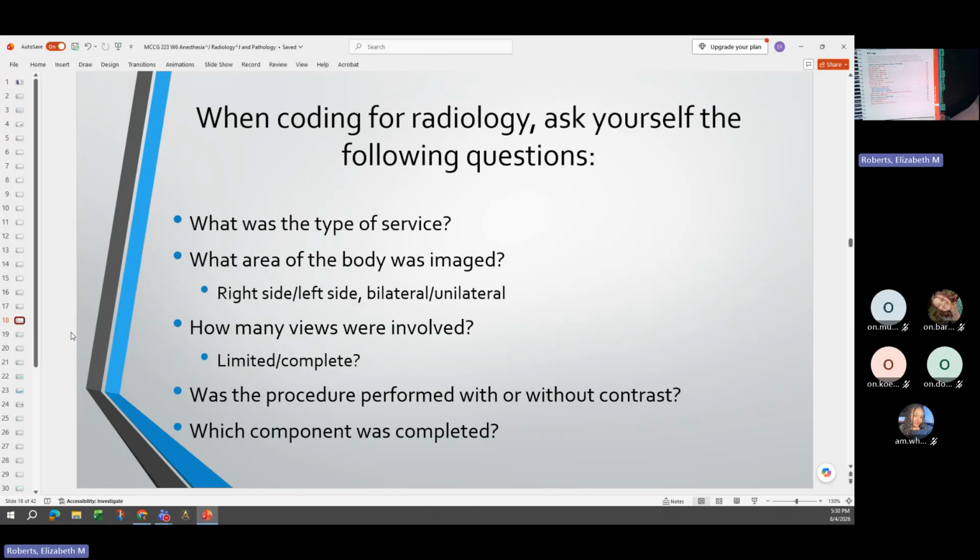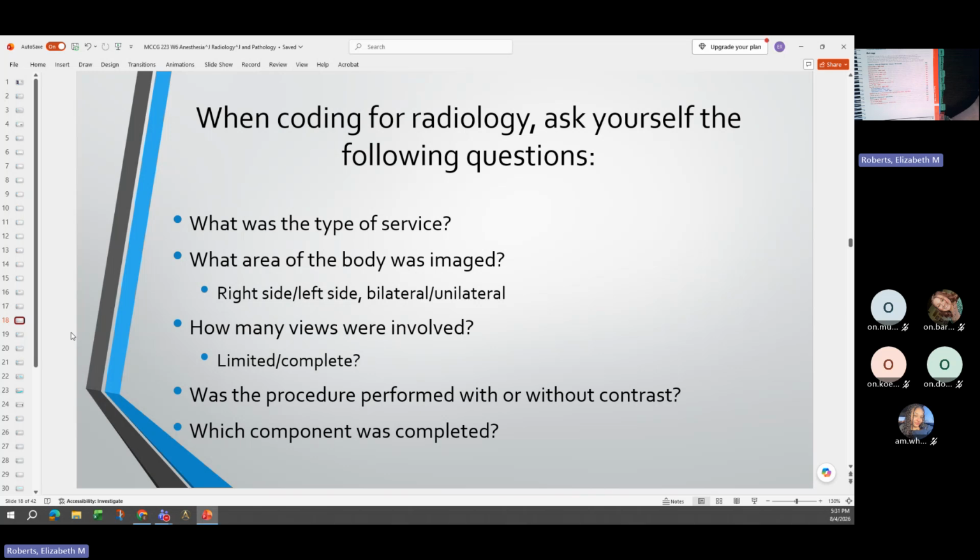Working in the real world, the vast majority of our radiology services are denied, usually due to the diagnosis code, because the diagnosis code doesn't support the medical necessity for the service. For example, our doctor will order a chest x-ray with the diagnosis of headache, right? Insurance does not consider a chest x-ray medically necessary for purposes of a headache.